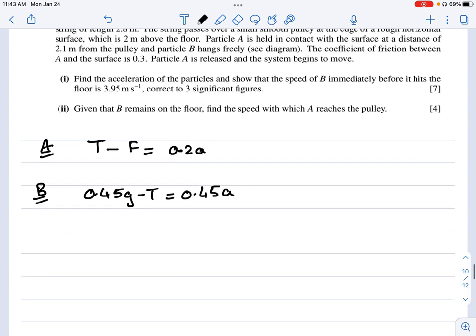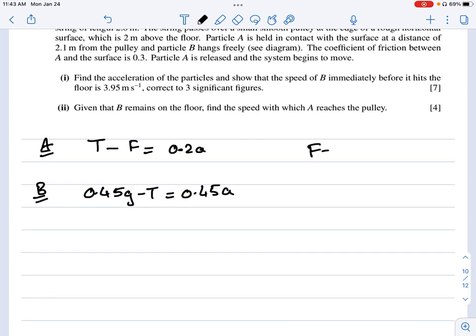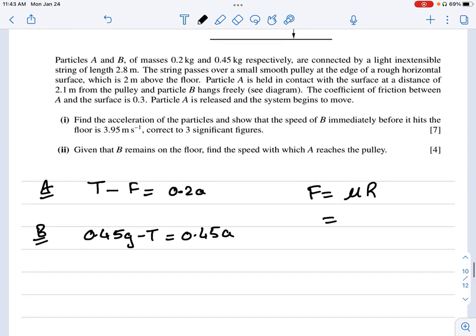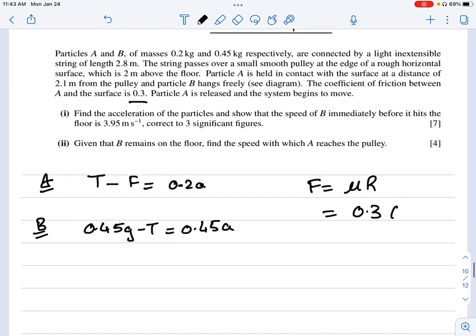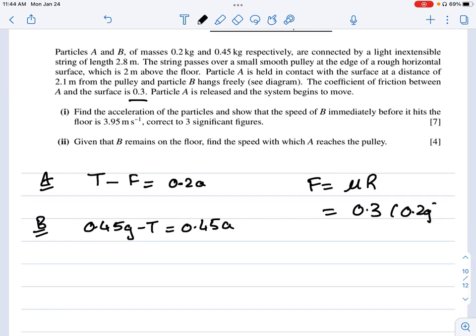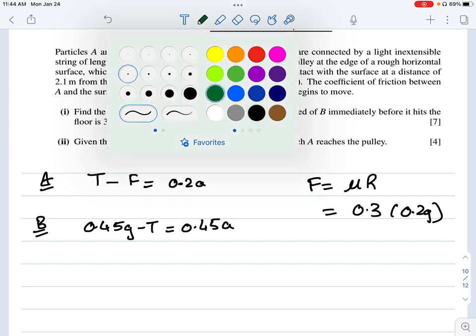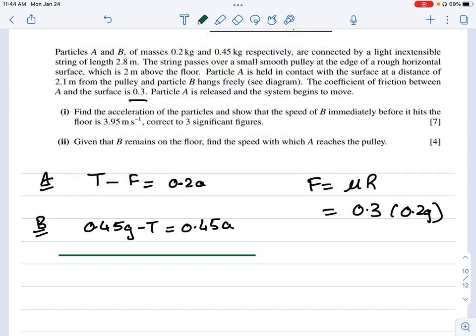Now what I can do is that frictional force is equal to nothing but what? Mu R. Mu is equal to how much has been given? 0.3, and R for A will be 0.2 g. So now what am I going to do? I'm going to take these two equations and solve this.